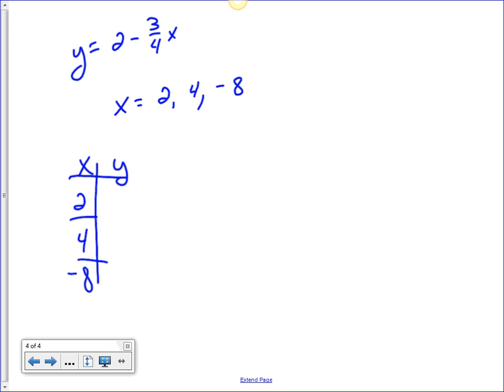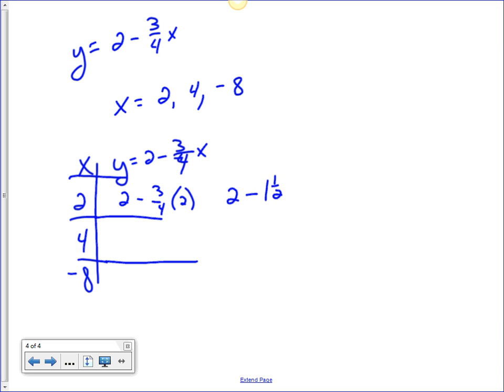So what we do, we take our 2 and we plug it in for the x. So if y is equal to 2 minus 3/4 x, if I put in the 2, it would be 2 minus 3/4 times 2. So 3/4 times 2 is 3/2, which is 1 and 1/2. So it would be 2 minus 1 and 1/2, which would end up with 1/2. If we plug in a 4, I would have 2 minus 3/4 times 4.